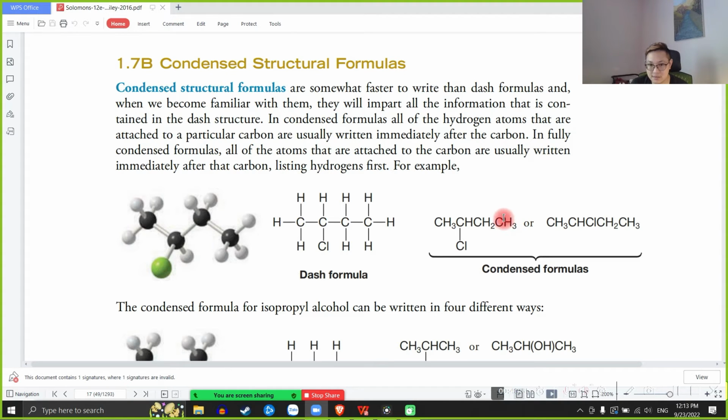Or even more condensed, you can write a Cl up here and eliminate that dash. But to be honest with you, if it's too condensed, it's hard to see, right? Yeah, it's quite hard to see.